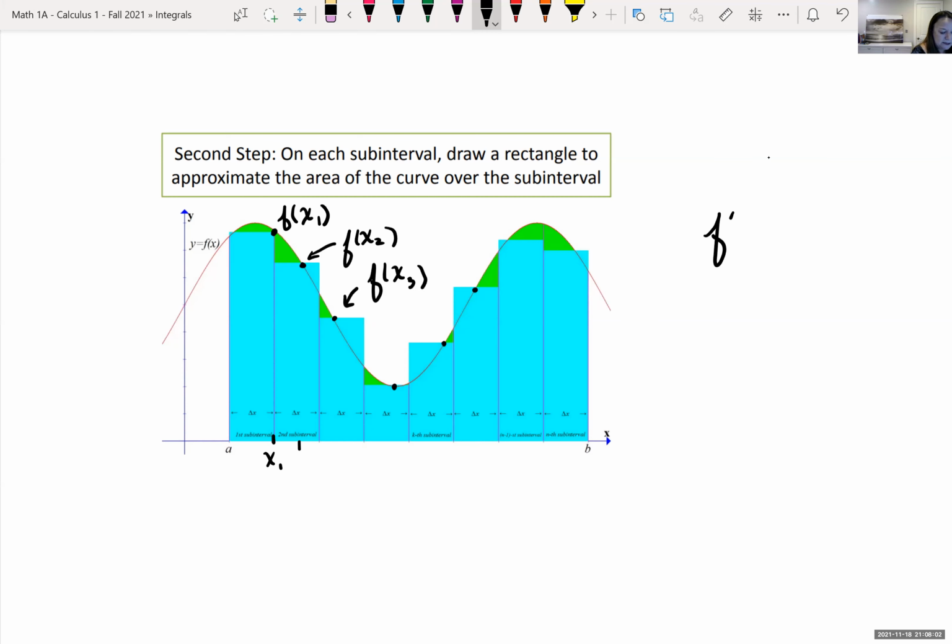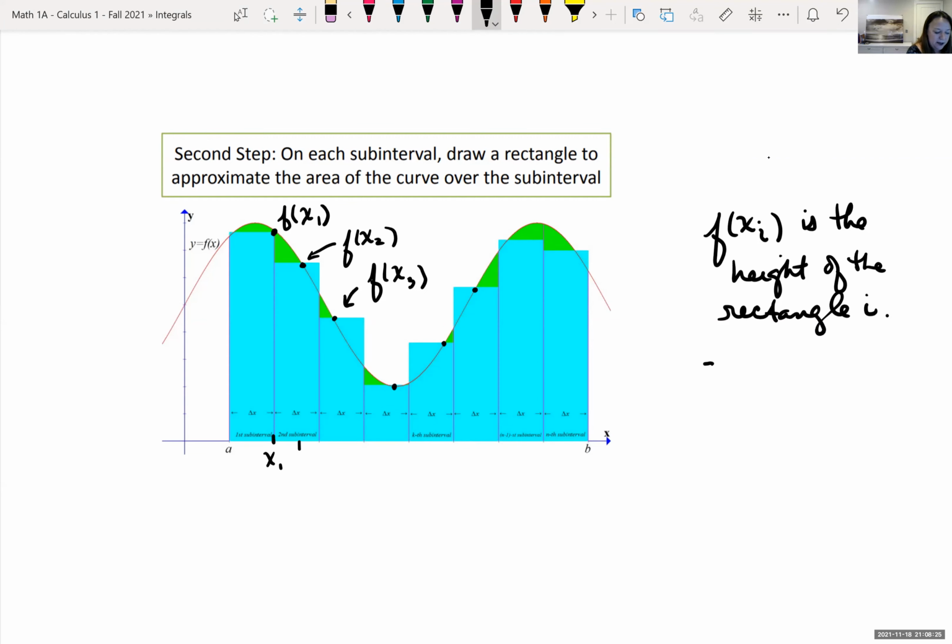So f of x sub i is the height of the rectangle. Let's call it rectangle i, the ith rectangle in that interval.